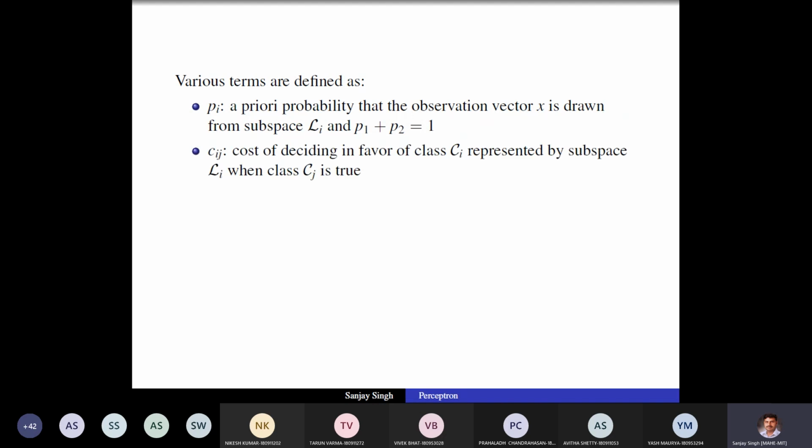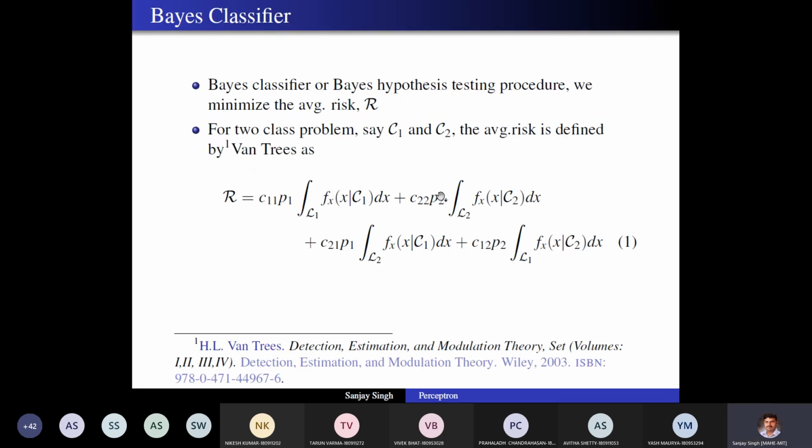And then Cij. See very carefully. Cij simply says the cost of deciding in favor of class Ci, represented by a subspace Li, when the class is true. Let me go back here. If I say C21, it's basically the cost of classifying a pattern in favor of class 2, whereas it actually belongs to class 1. So this is the cost incurred.